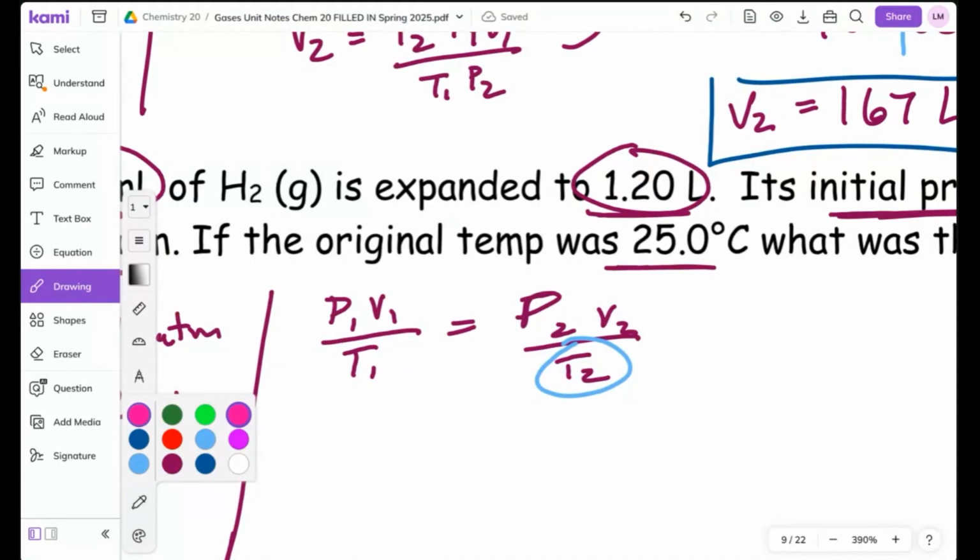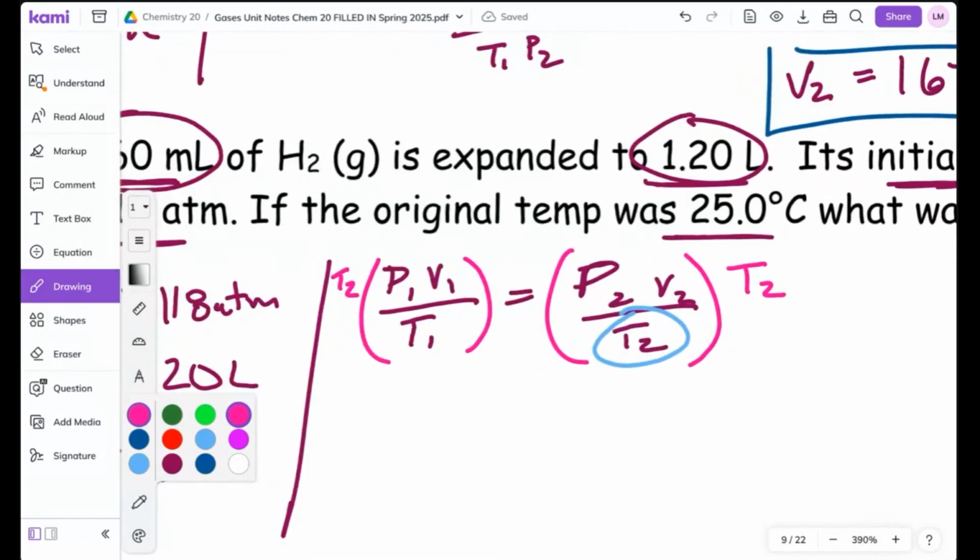So I'm noticing that T2 is dividing into P2 and V2. So I got to do the opposite, which is multiplying both sides by T2. This seems a bit counterintuitive, but what we want to do is not only get T2 by itself, we also need it to be up in the numerator as well. Okay, so that's why I'm doing what I'm doing.